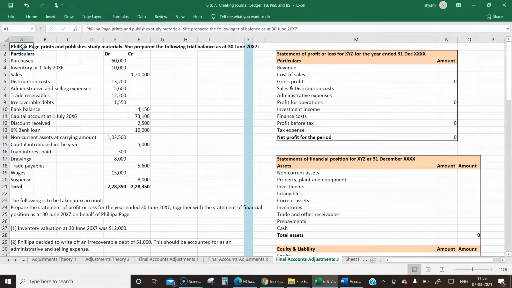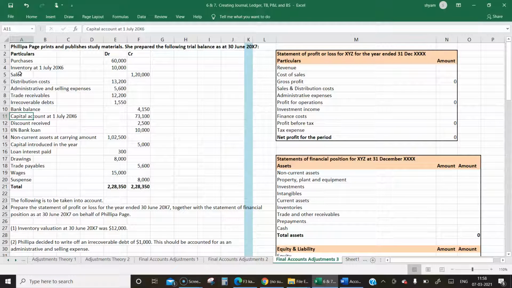So this question gives us Philippa Page, who prints and publishes study materials. She prepared the following trial balance as at 30th June 2007. So purchases there, opening stock, sales, distribution cost, administration and selling expenses there, trade receivables, irrecoverable debts, bank balance, capital account.